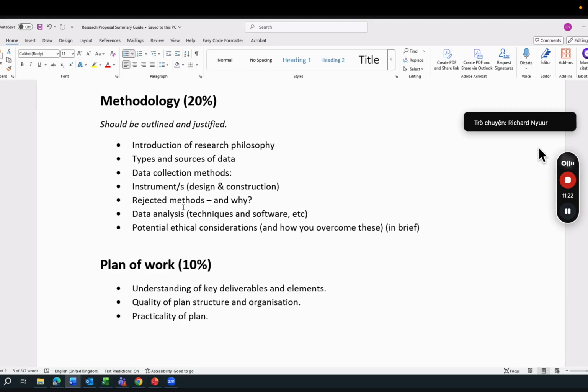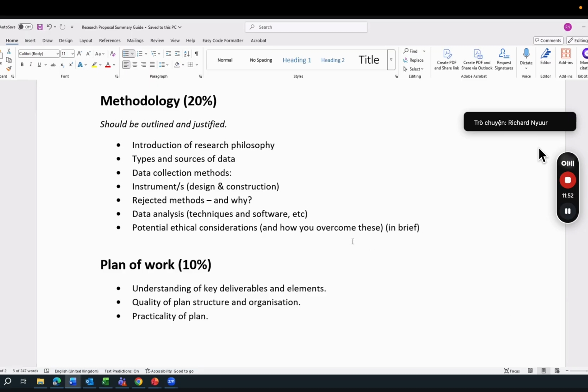For example, if you're doing quantitative, you may decide that you will use t-tests, regressions, or correlations. Whichever one you want to use, or you can use descriptive statistics as well, or charts and graphs to present your data.